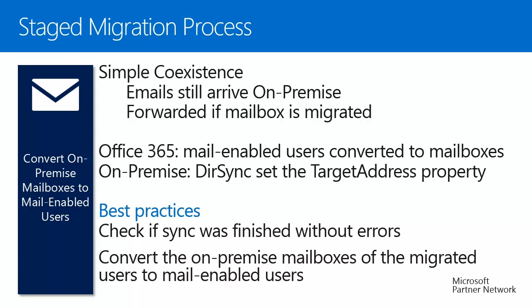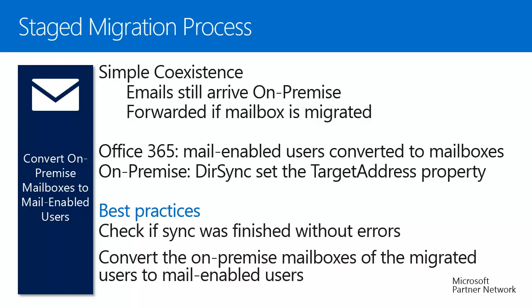Here we also have a best practice: after the actual user is synchronized and ready to use his cloud mailbox, the best practice is to convert the on-premise mailboxes to mail-enabled user objects. So you can remove these mailboxes and make sure the mail-enabled contact objects are forwarding the emails to the cloud.